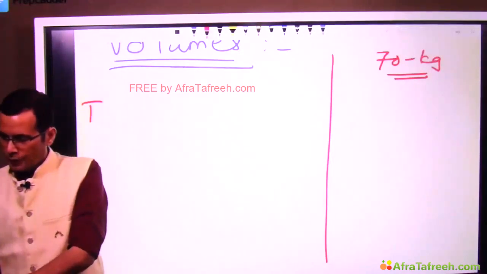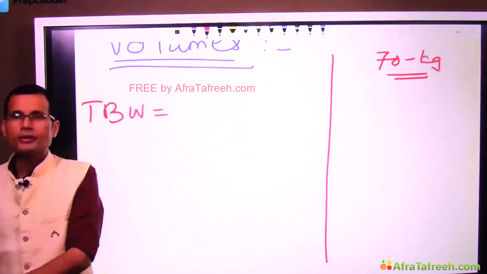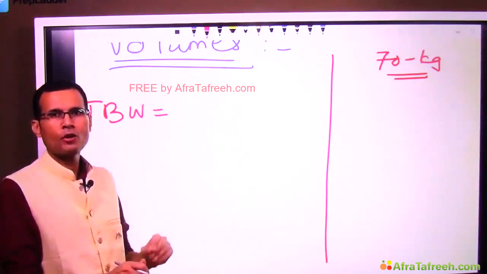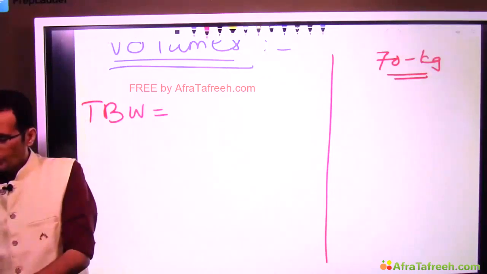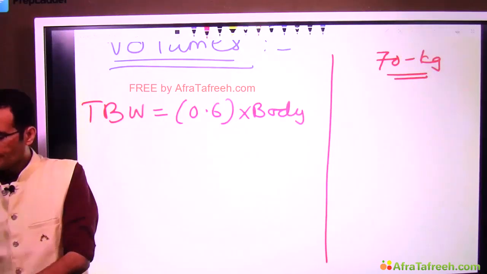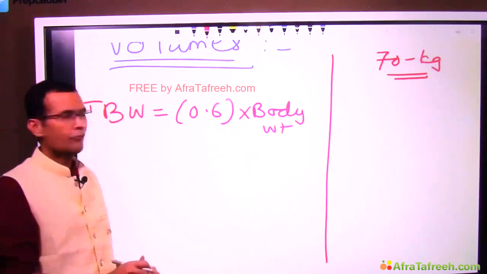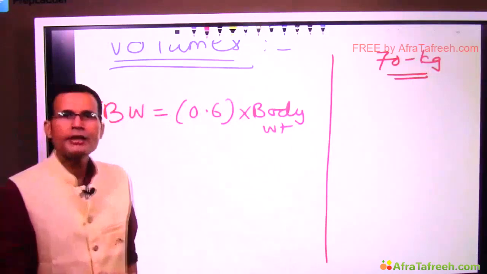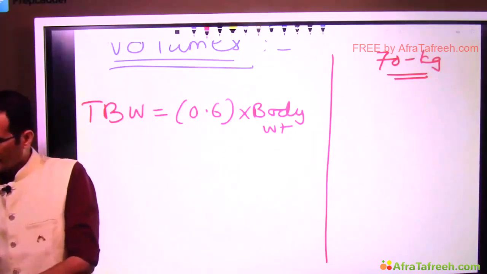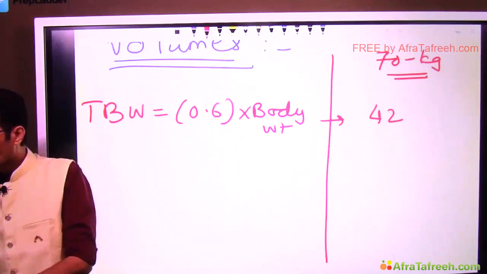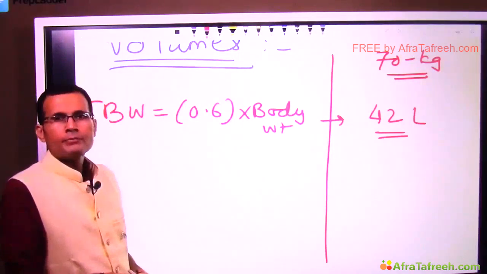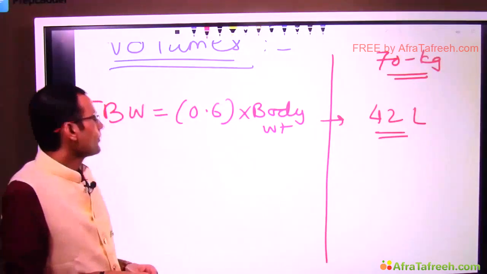First thing, total body water is approximately 60% of the body weight. So 0.6 into the body weight is the volume of the total body water, 60% of the 70 kgs, and therefore it would be 42 liters. That's the total body water.